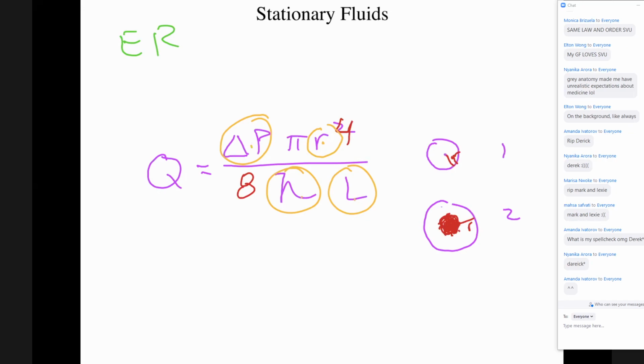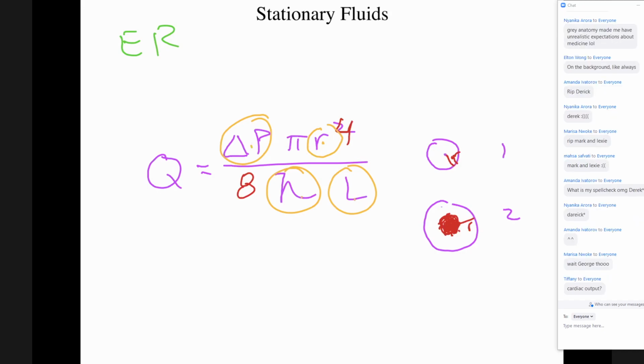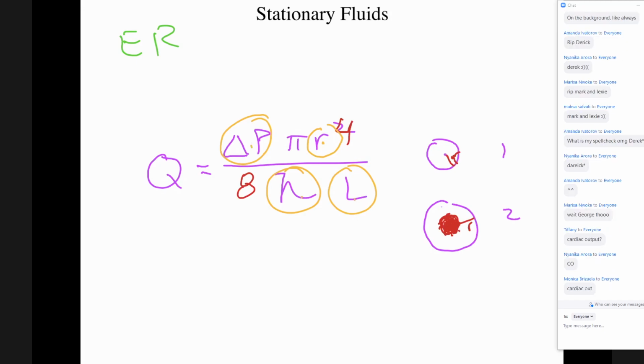So what is that term, where you multiply the heart rate times the stroke volume? Cardiac output, perfect. Cardiac output is also known as Q.